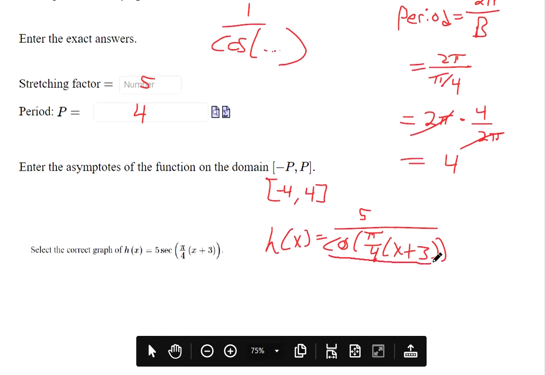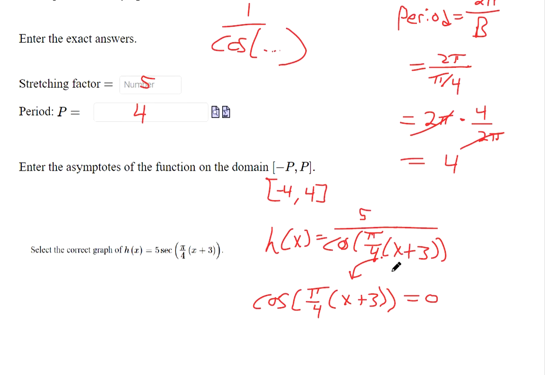So we want to set this denominator equal to 0. We want to find out what it takes to make cosine of pi over 4 times x plus 3 equal 0, because that would be a divide by 0 error, and that would create a vertical asymptote.